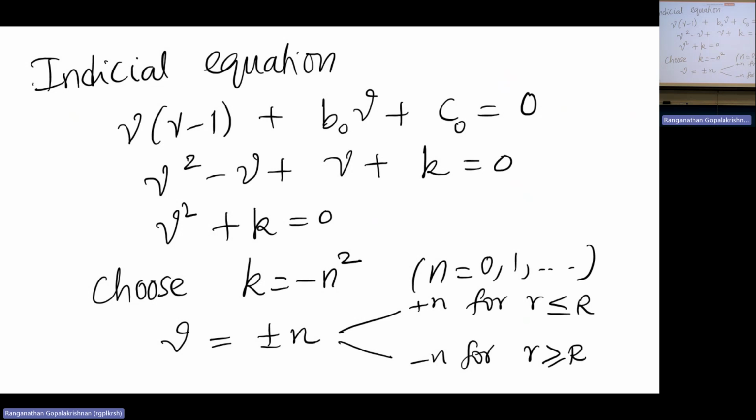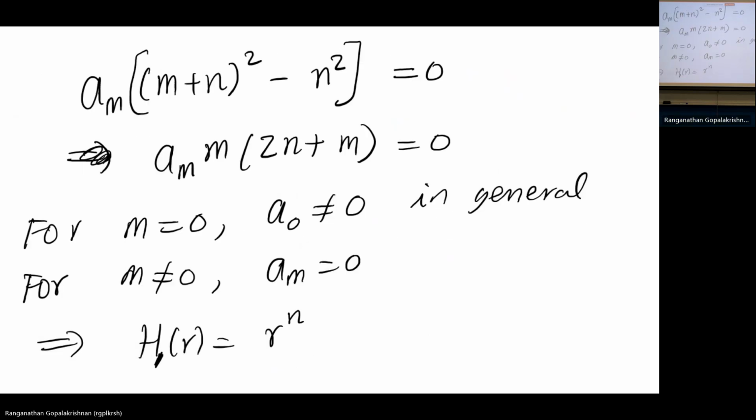In the sense, if I choose k equals minus n squared, I'm going to get plus or minus n, from which I'm going to choose either plus n or minus n. I'll come to that. But if I choose plus n or minus n, I end up with something that is either r power n or r power minus n. I told you my problem is something like a circle on which I apply a voltage, and I want to calculate the electrostatic potential either outside or inside that circle.